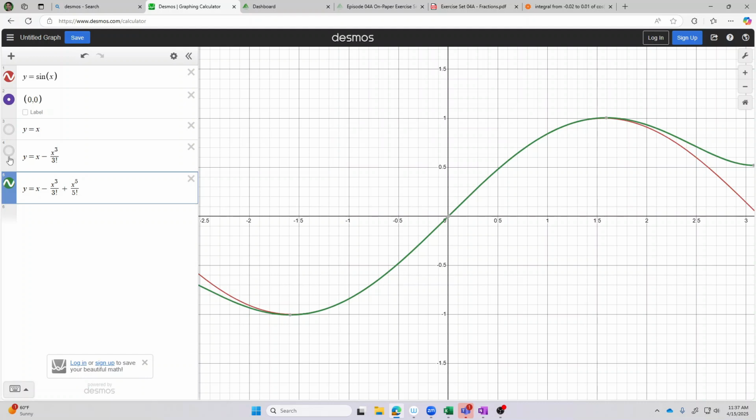The Taylor polynomial of degree 3 began to separate from sine of x as early as x equals 1.5. But if I allow myself the Taylor polynomial of a higher degree, then that degree 5 polynomial is still very close to sine of x, even as far out as x equals 1.5 or 1.6. And you only begin to see a gap between those two functions at around x equals 2.